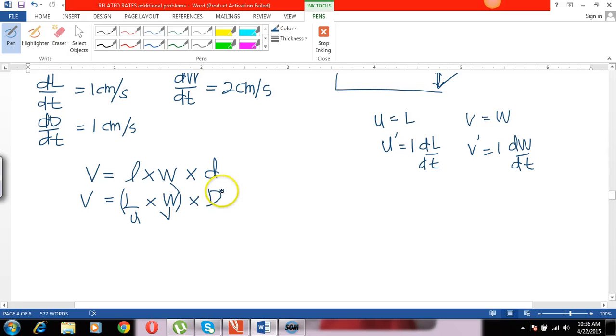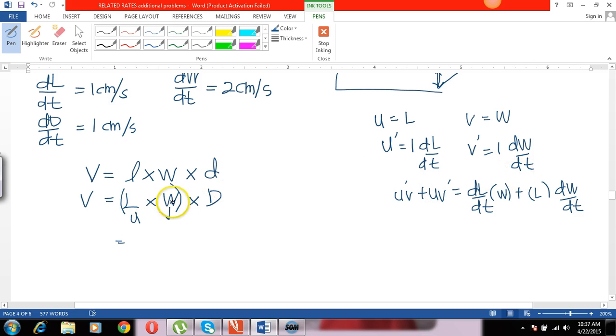To get the differentiation of this function, we use the product rule, u prime v plus u v prime. So u prime v is dL over dt times W, plus u is L, and v prime is dW over dt.